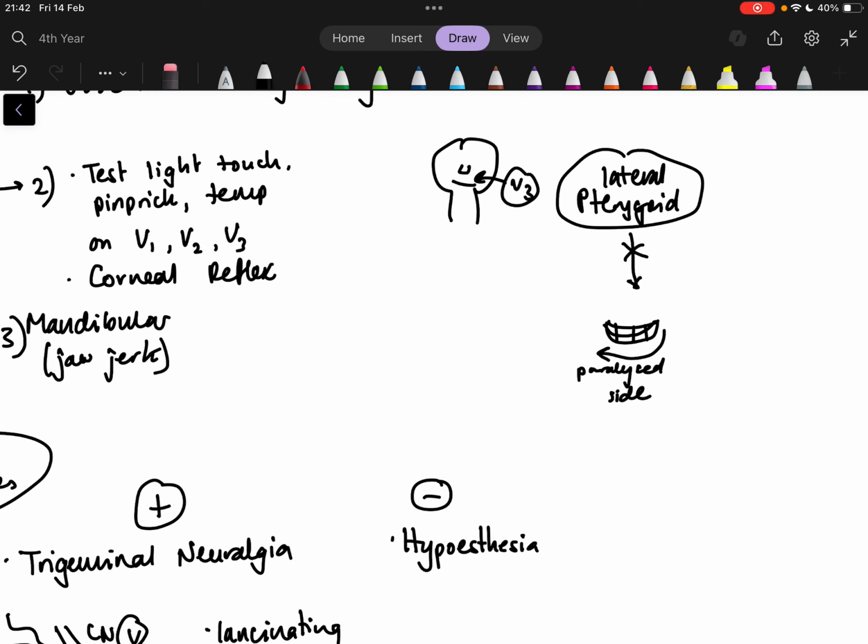That's going to basically shift towards the side which has been paralyzed. So if there's a paralysis on this side, which innervates the motor muscles of chewing, then this muscle, which is intact and still fine, will push towards the paralyzed side, because obviously this is still working, so it pushes it towards that side.